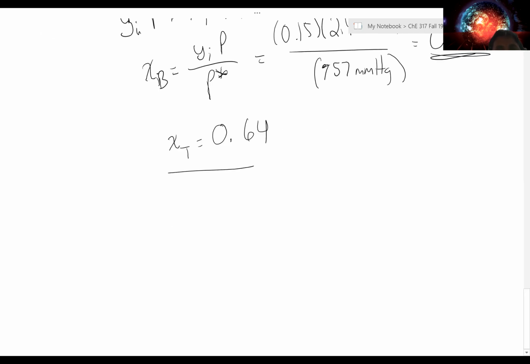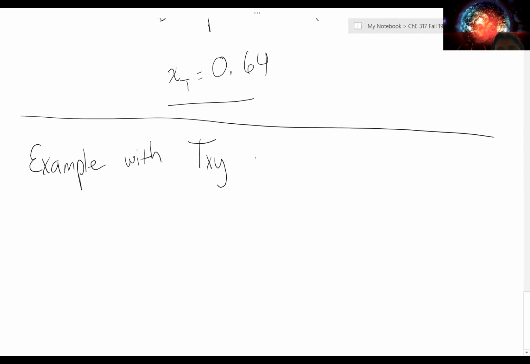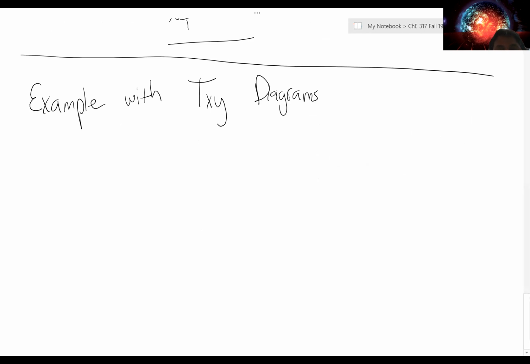Let's look at one last example. This one is dealing with the diagrams we talked about. So if I have a 50-50 mixture of benzene and toluene in a distillation column, so I have 50 mole percent benzene, 50 mole percent toluene entering a distillation column.